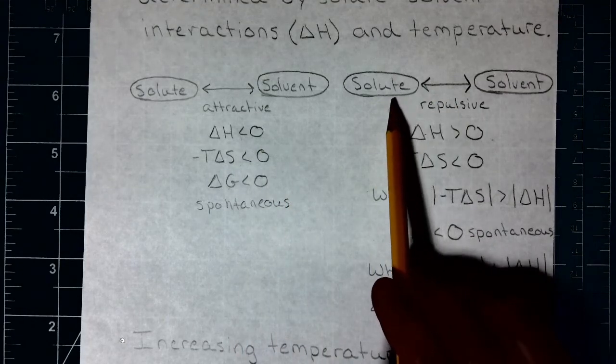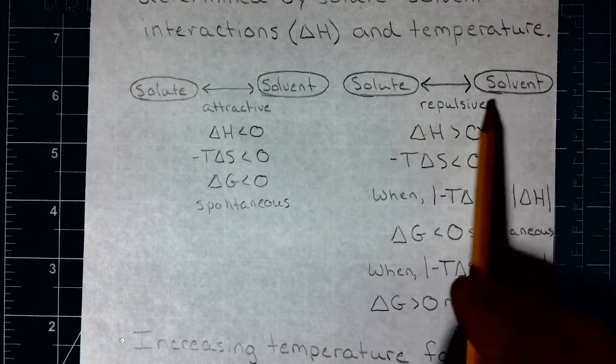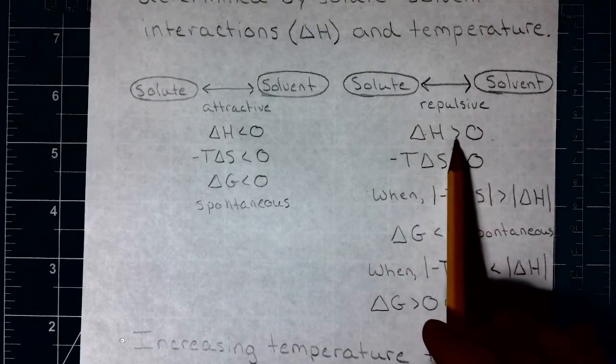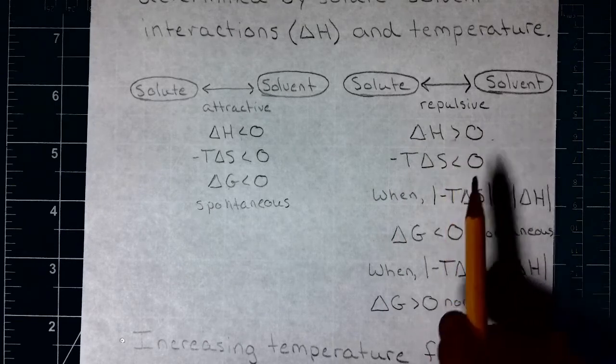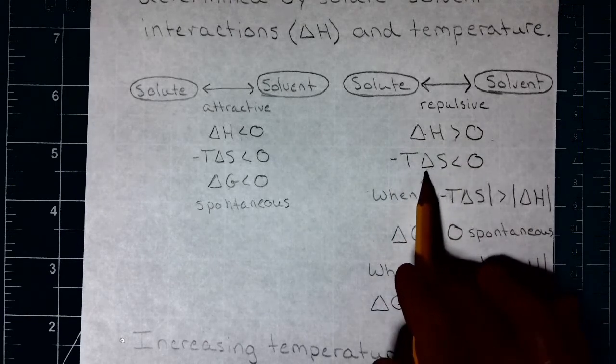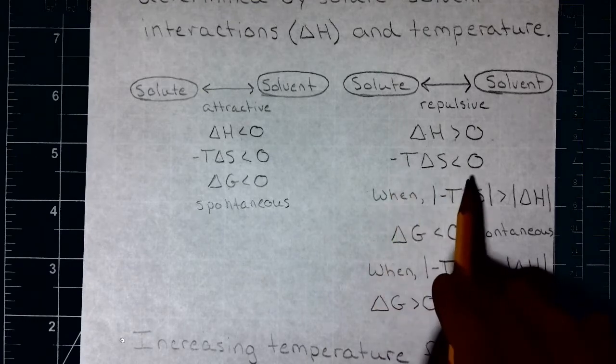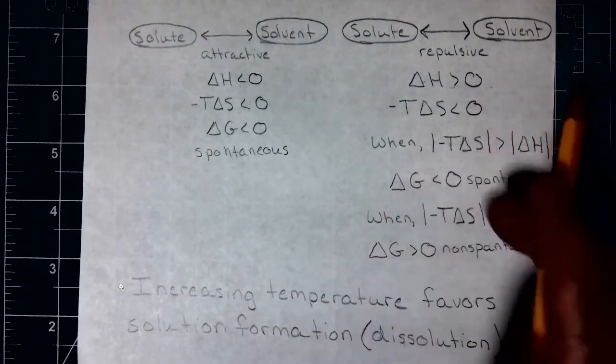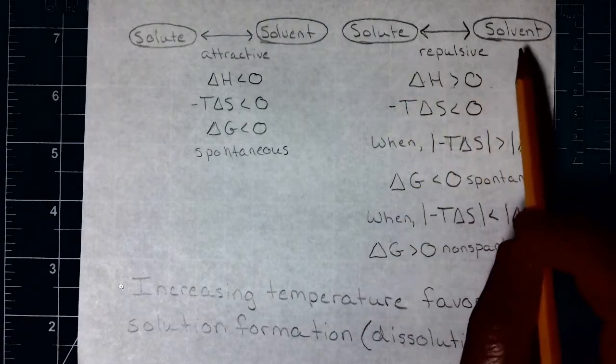If we have a different situation where the solute and solvent are repulsive to one another, well, the delta H term is positive. It's working against the formation of solution. The entropy term, negative T delta S, is still going to be negative. So now it depends on how repulsive this is.